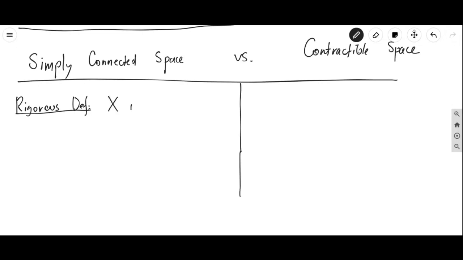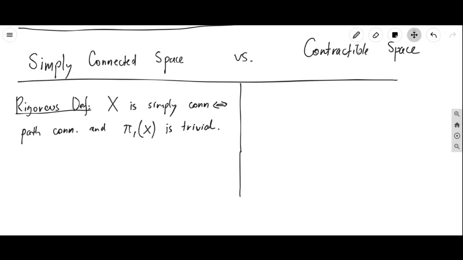X is simply connected if and only if it is path connected, and the fundamental group of X, I'm not going to put the point here, I don't want to emphasize it, the fundamental group anywhere is trivial. So it's just the homotopy class based at any point consists of just a single class.